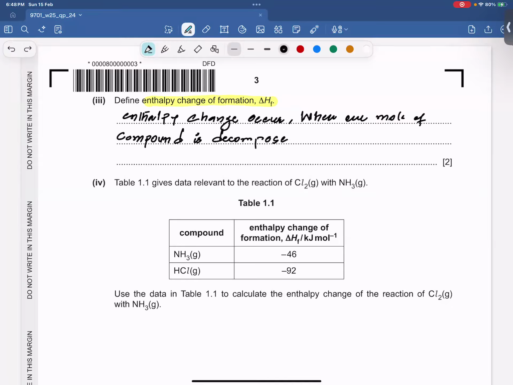My bad. When 1 mole of compound is formed from its constituent elements in their standard states.